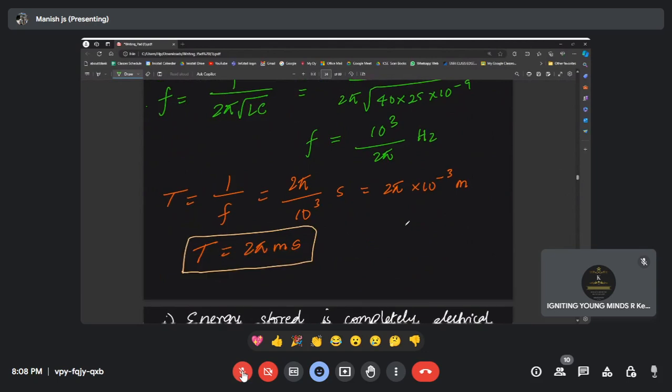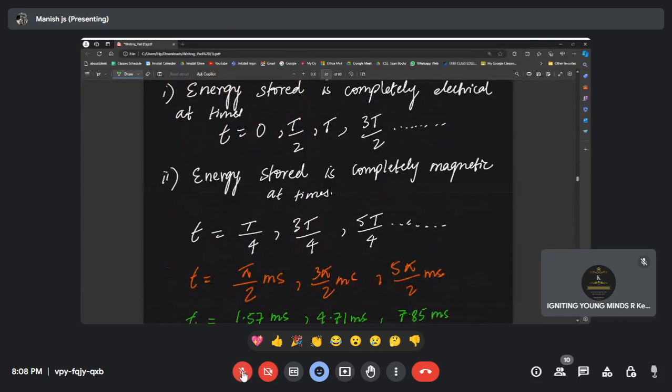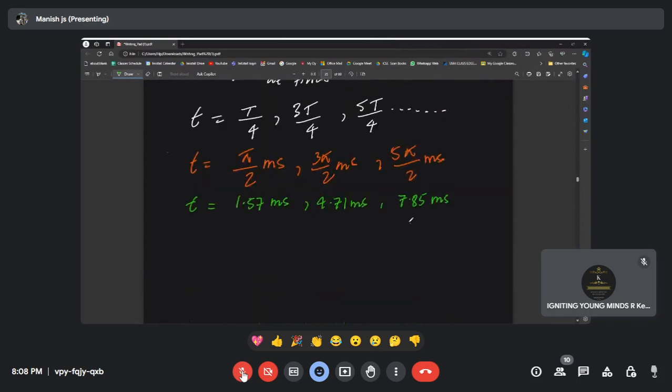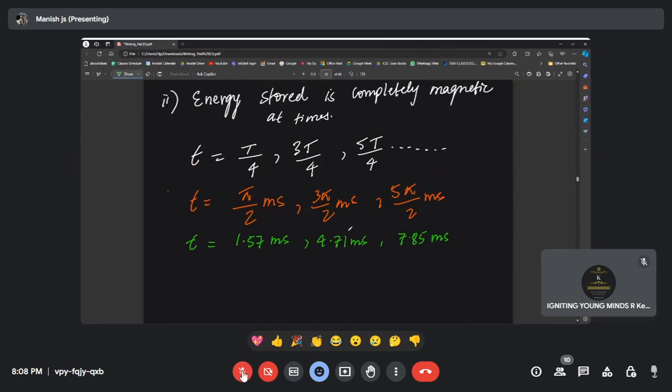Then you find the time period as the reciprocal of frequency. Finally, you substitute in the relation for time period in terms of multiples for both electrical and magnetic. Here we wanted only magnetic, which is in odd multiples of T by 4: T by 4, 3T by 4, 5T by 4, and so on. Then you substitute, simplify and get the answers. This is how you solve this question.